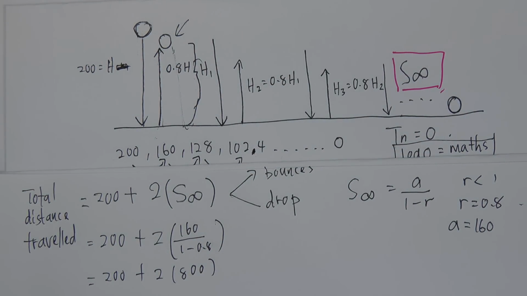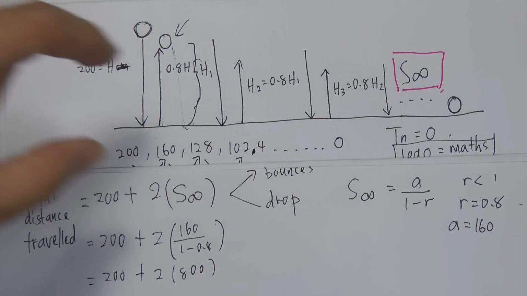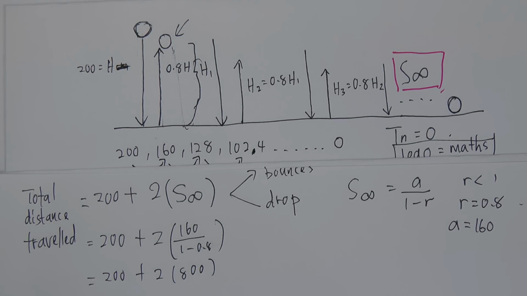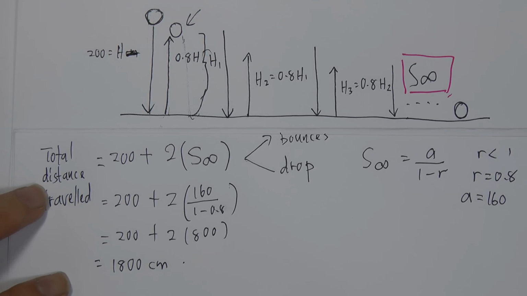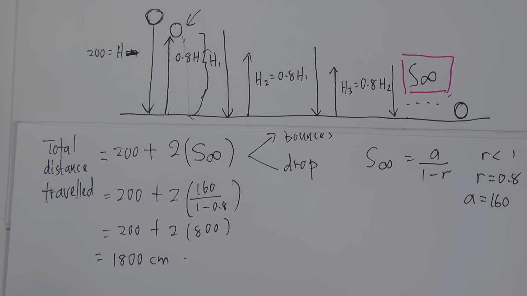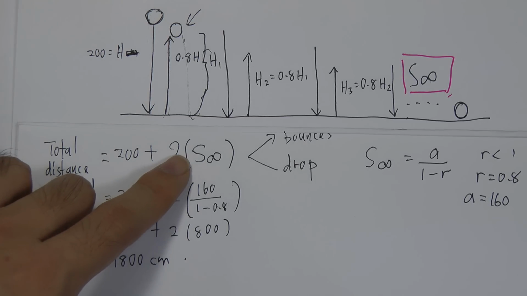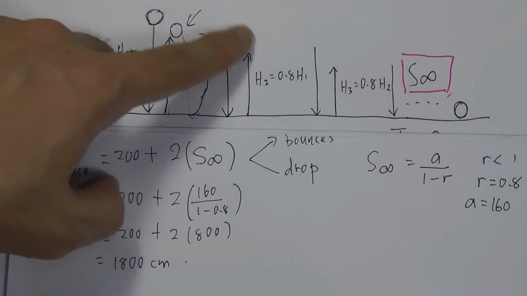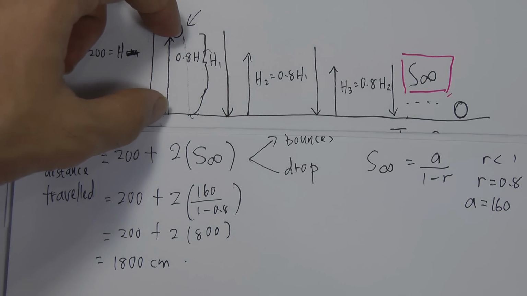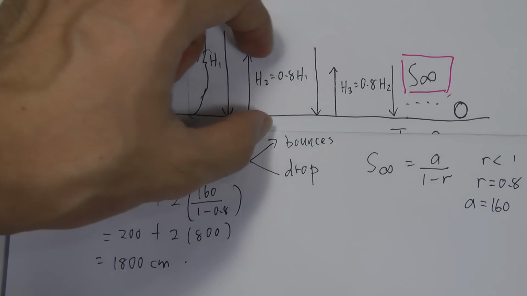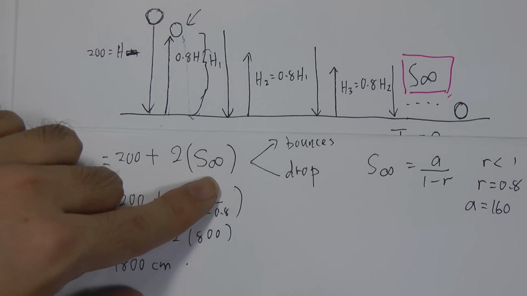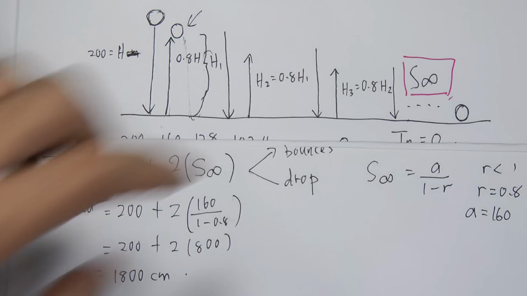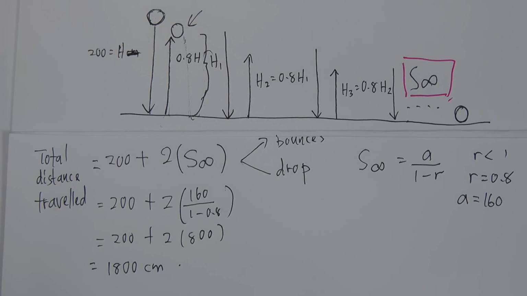A lot of students try to find in which term the ball will stop, but it's very hard to find because the value becomes smaller until very small. So the best way to solve is to use the sum to infinity. Why do I need to double the sum of infinity? Because starting from 160 he bounces and drops the same distance. The first sum of infinity is for all the bounce-ups, and the second sum of infinity is for all the drops. So must be very careful about this question.